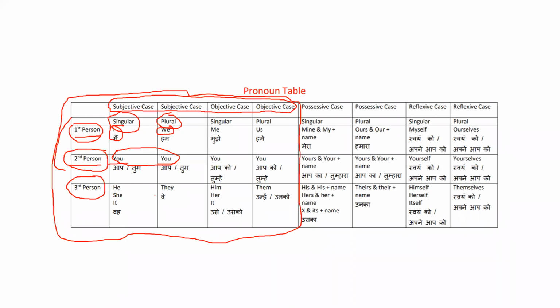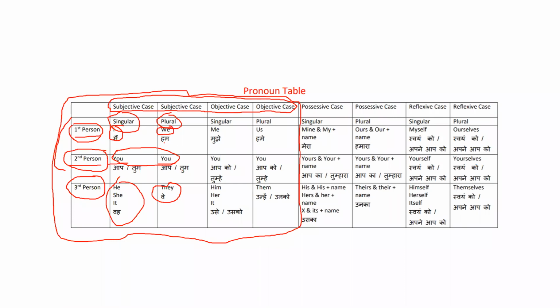So he, she, it, they. He, she, it are called third person singular pronouns, and they is a third person plural pronoun. Now we have understood what the first person, second person, and third person pronouns are. Secondly, we have to understand singular and plural. This also we have understood.